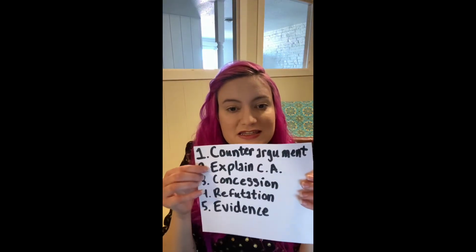The next thing is explaining the counter-argument. For that explanation, this can also include paraphrasing the counter-argument, so putting it in your own words, saying what it means, just giving us a little bit more detail about this. Many times when my students struggle with getting body paragraphs and essays to the length that they need to be, they struggle because they can't explain their ideas.